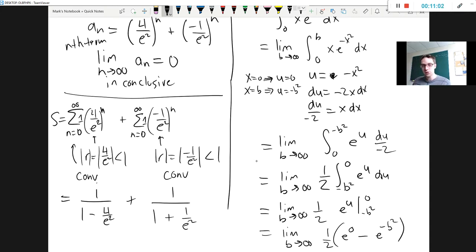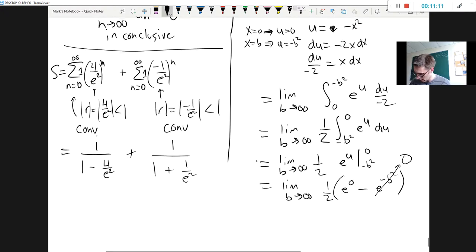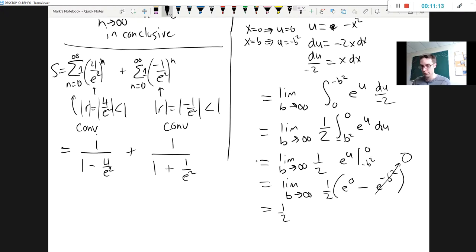And as b goes to infinity, that second term is going to have larger and larger negative exponents, and so it's going to go to 0. And so the answer is just 1/2. Okay, so our integral converges. And what that means is that the sum converges as well by the integral test.